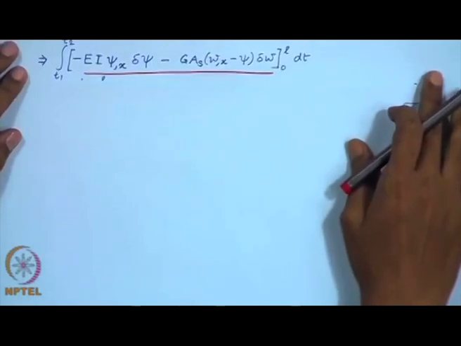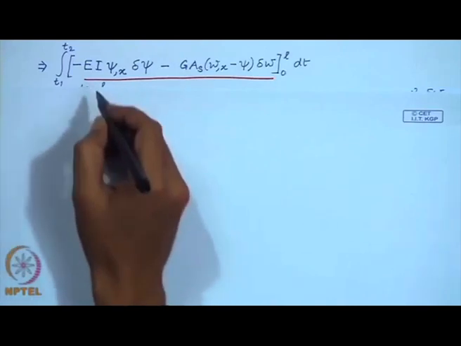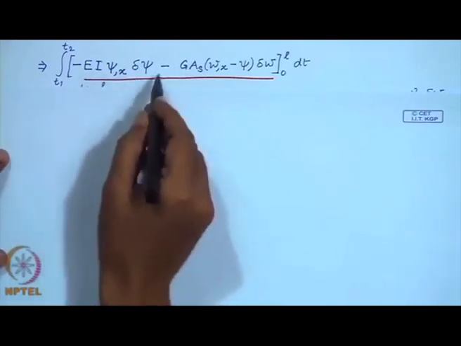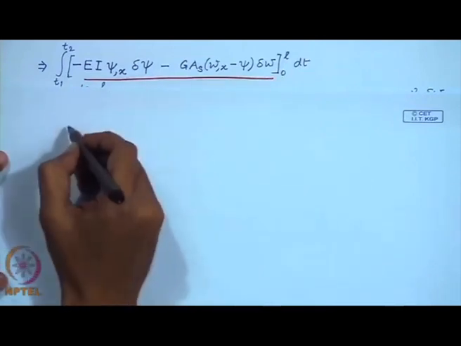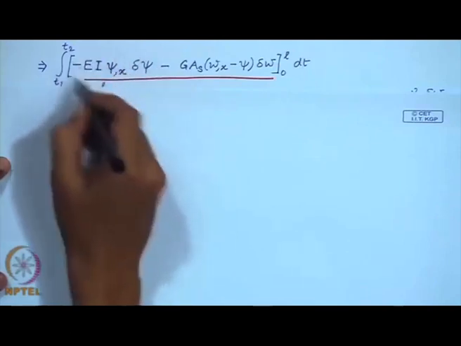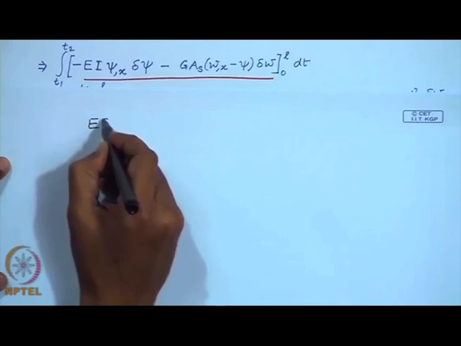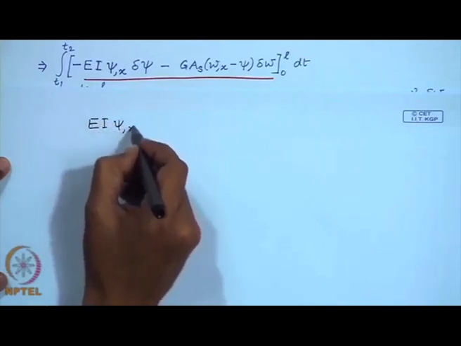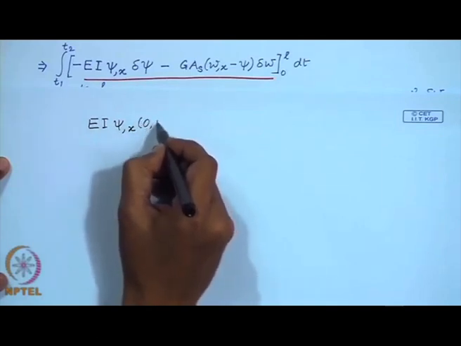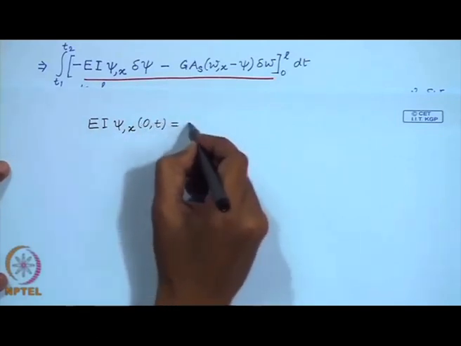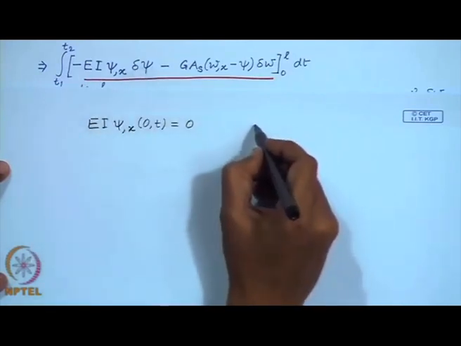So, let us look at the boundary conditions which we obtained from these boundary terms. Now, we have two field variables, and corresponding to these two we have the boundary terms. So, for example, this equal to 0 or psi.